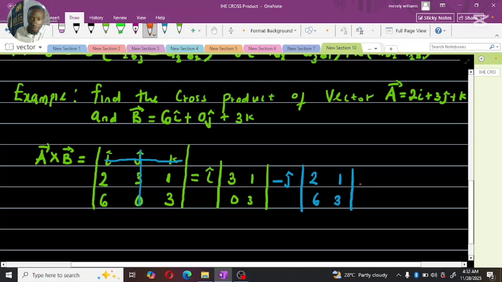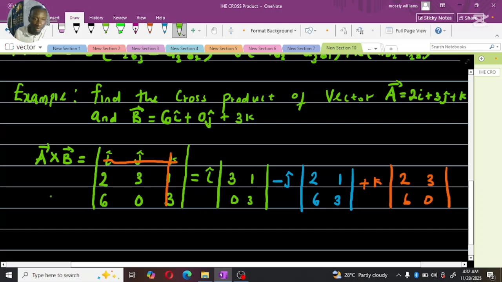Now for K, we have to close the first row and the third column. So what do we have left? We have 2, 3, and 6, 0. It's as simple as that.